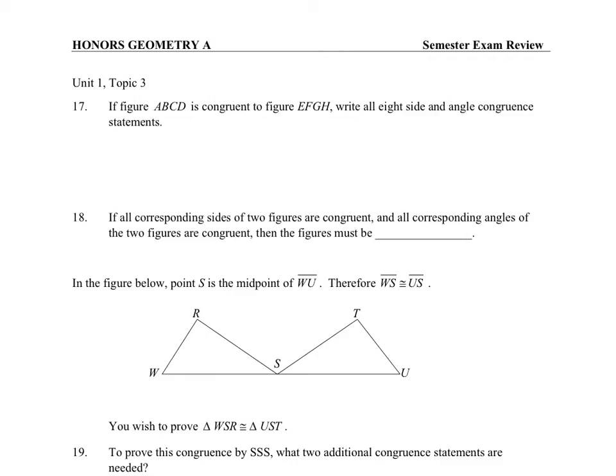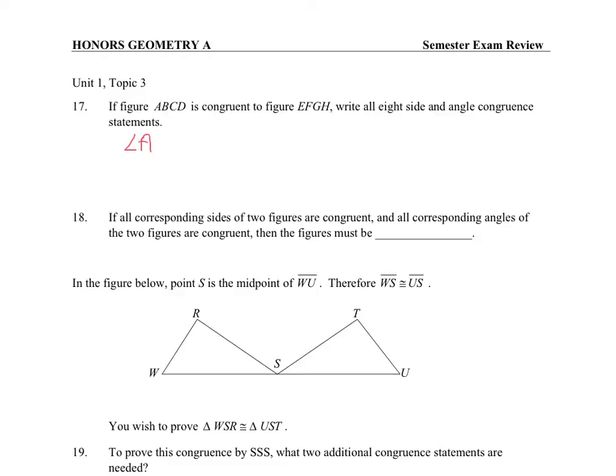Question number 17. If figure ABCD is congruent to EFGH, write all 8 side and angle congruent statements. Remember that if we know they're congruent, the order in which we're given gives us the corresponding parts. So for instance, let's look at angles.